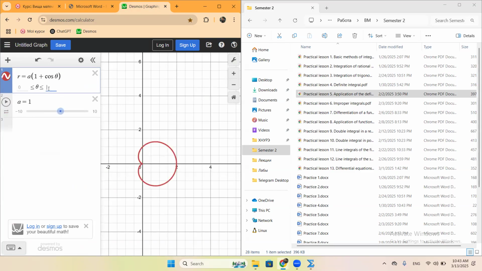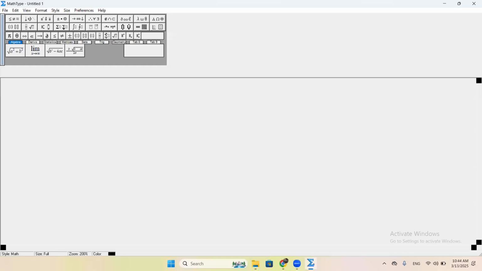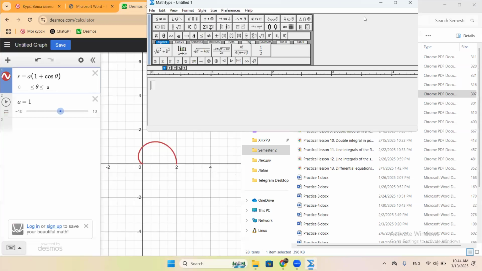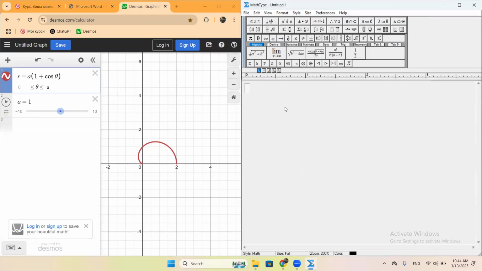And if we specify from 0 to p, the polar axis is the x-axis, and the formula of the volume in this case is the following.